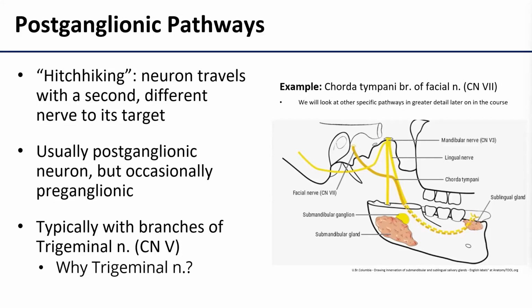So jumping on branches of that trigeminal nerve ensures that those parasympathetics can get anywhere they need to go, okay? Now, which branch of the trigeminal individual fibers coming off of individual ganglia jump on, we will spell out for you as we get to those specific areas. For right now, I am very happy if you understand the concept that these are going to leave the ganglion and jump on a branch of the trigeminal nerve.